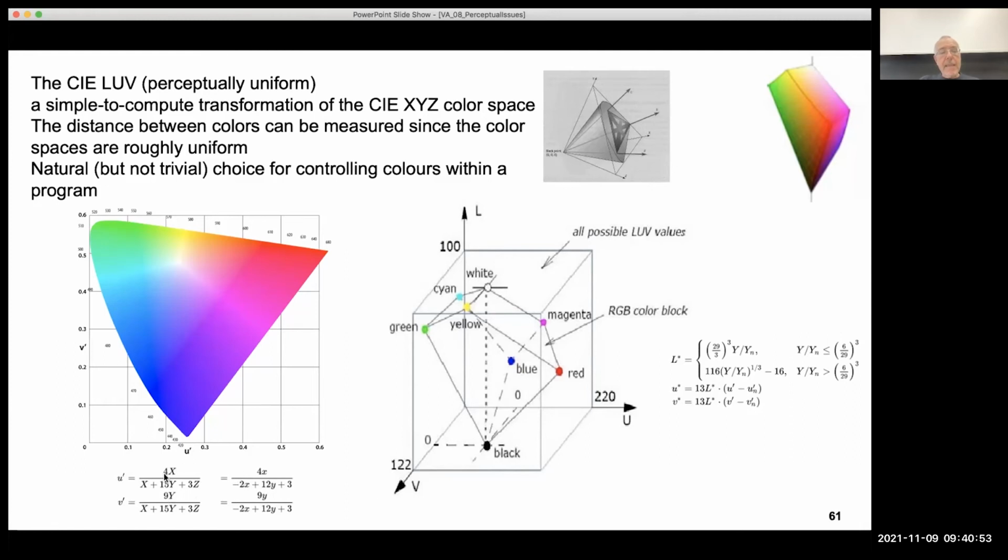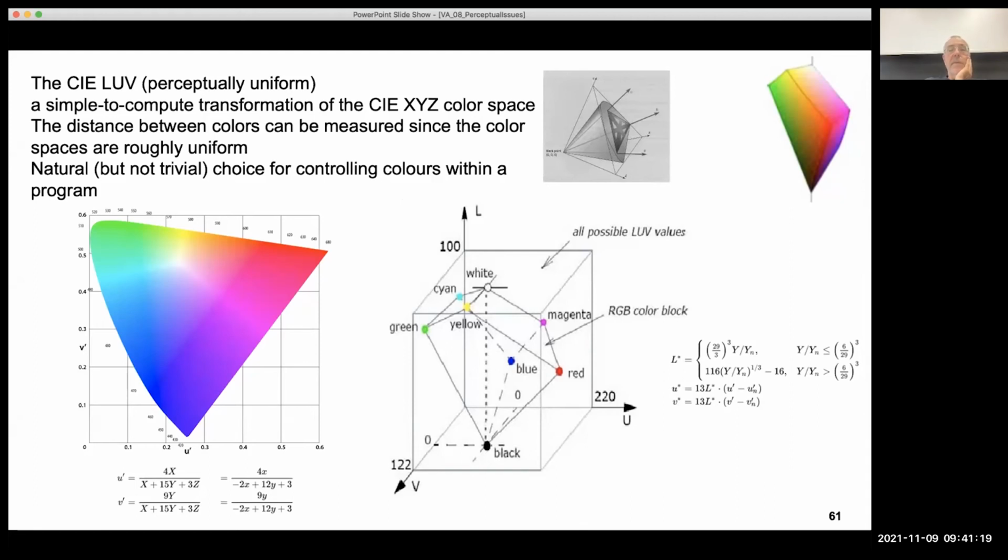And these numbers, magic numbers, have been defined looking for similarity between the distance between two colors in this space and the distance in the perception of human beings. This is a more recent result.